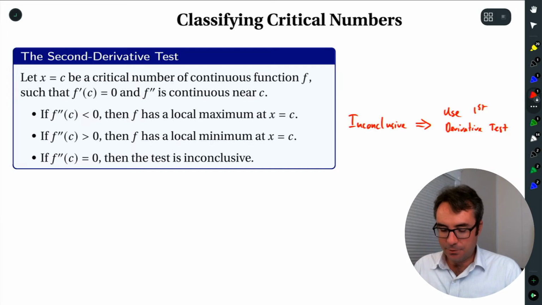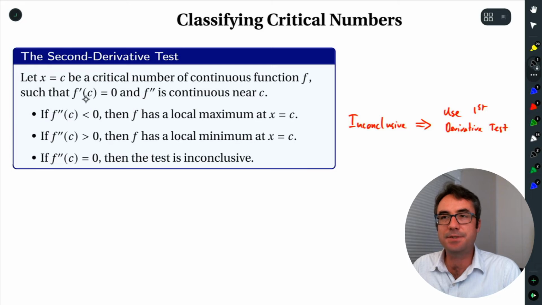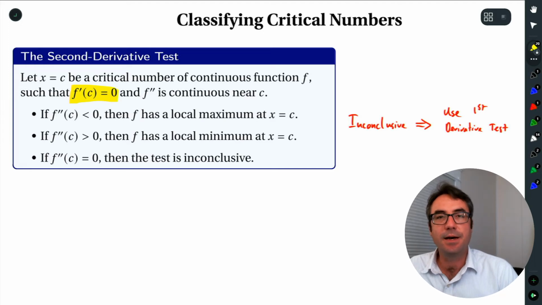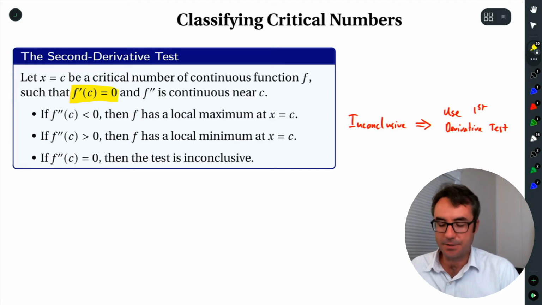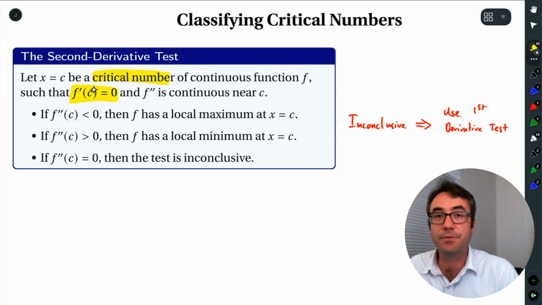All right, so how do we remember what this test says? If you have your critical number and you know the derivative is 0 there, that's this extra little condition that we want to keep in mind. It's a critical number where the derivative is 0.